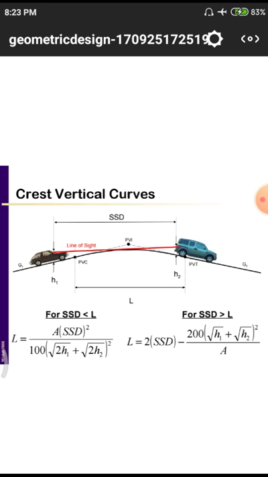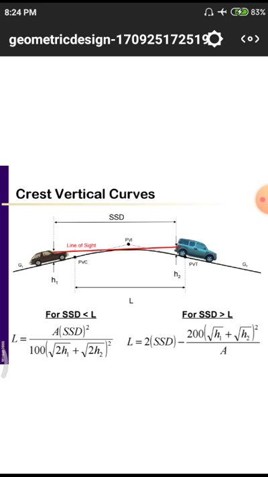In this formula, for the three examples we have to calculate the stopping sight distance. The equation is L equal to A into SSD squared by 100 into (square root of 2h1 plus square root of 2h2) whole squared. Here h1 and h2 are the two terms, and A equals G1 minus G2, and the length is known.